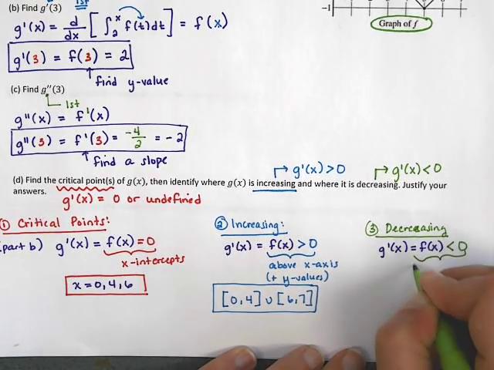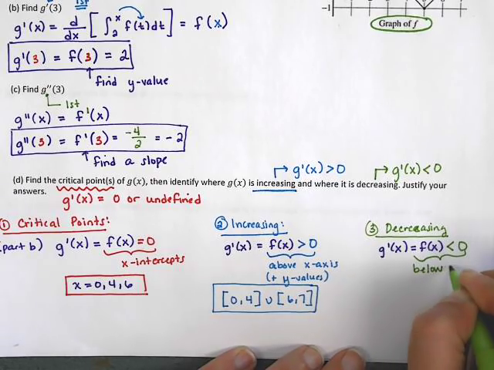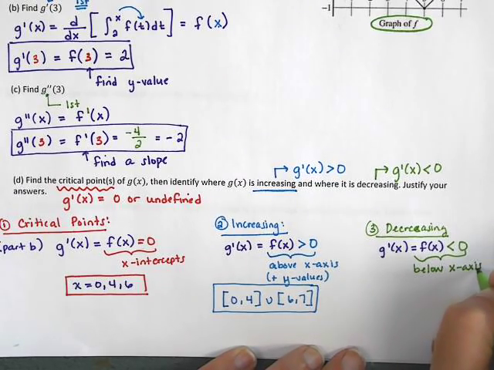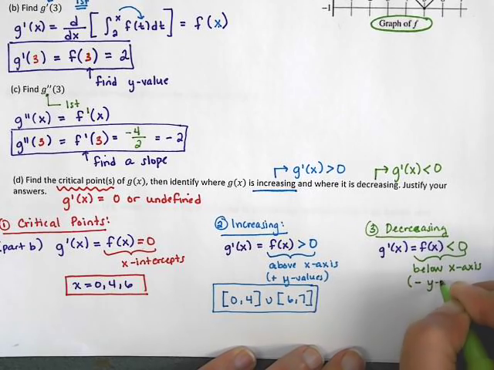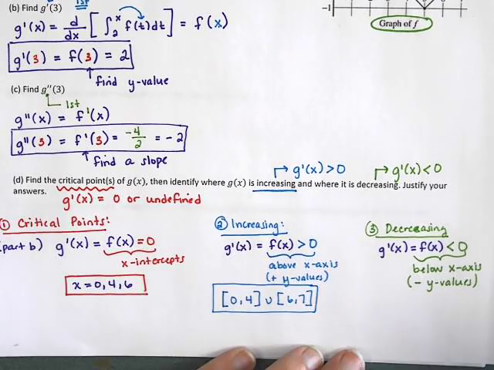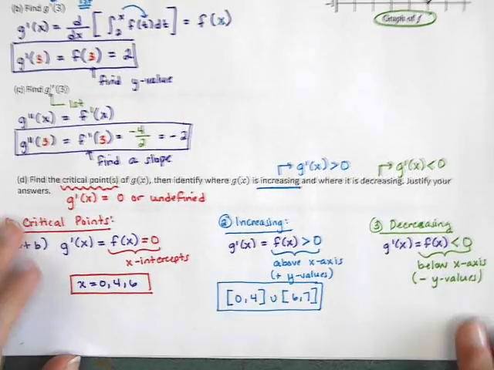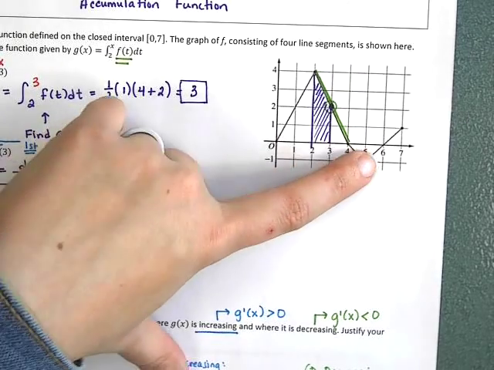Now, less than 0 is going to mean below the x-axis. In other words, we have negative y values. So if I want to figure out where I'm below the x-axis, I'm just going to look at this graph, which is between 4 and 6.